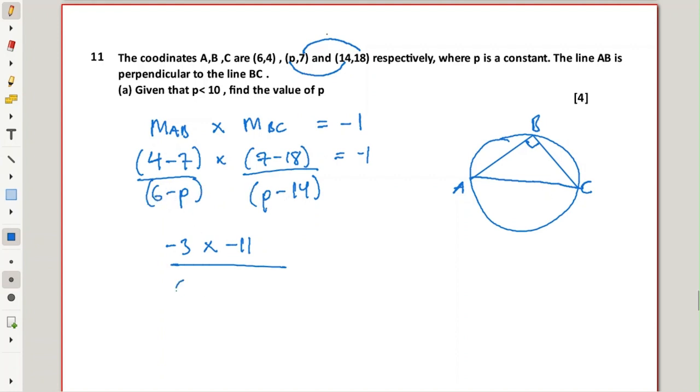This will give me 6P minus 14 times 6, 84. Then -P times P, I'll get minus P squared. Then -P times this, I'll get 14P is equal to -1.